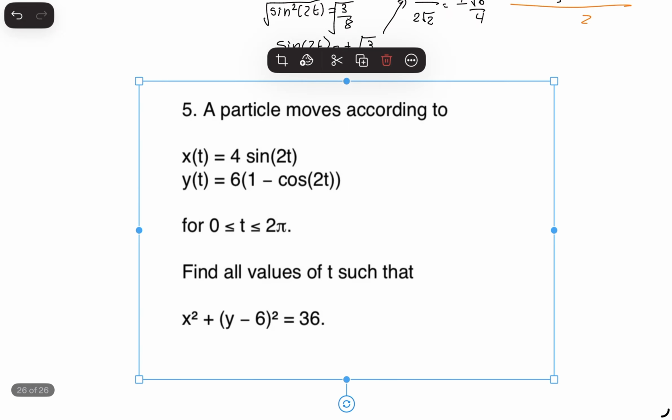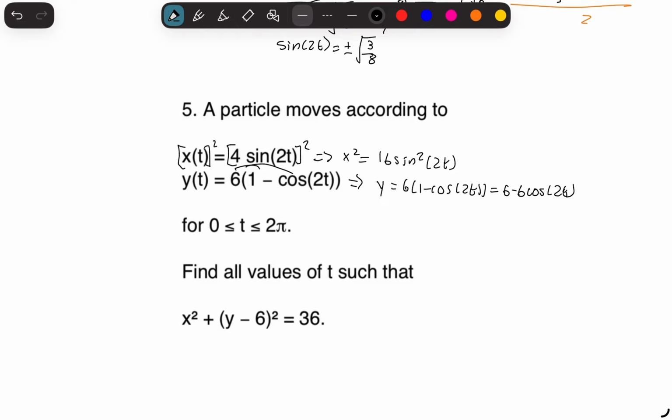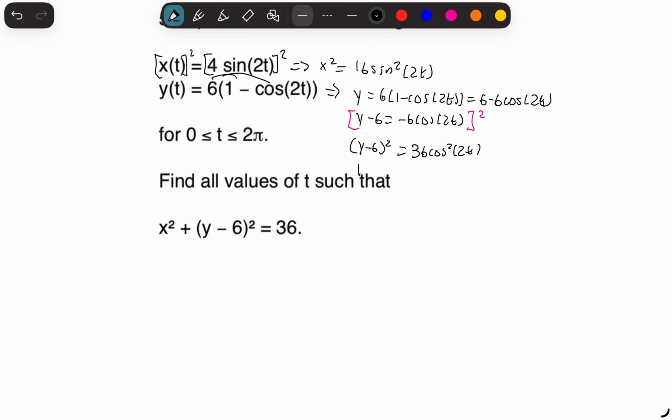A particle moves according to this. So this is 36 cosine squared 2t. So plus, we'll do that down here.